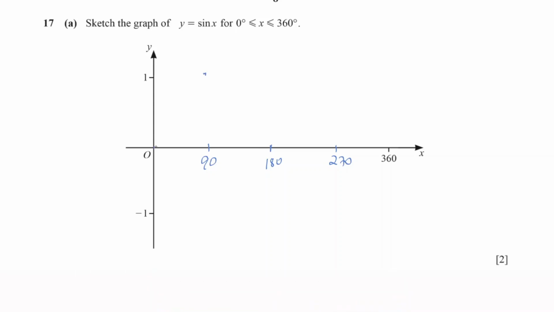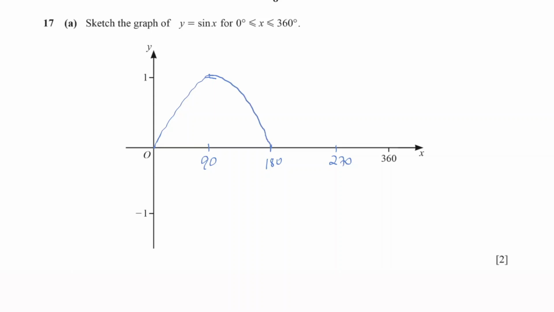The sine graph starts from 0, reaches the maximum at 90, and gets back down. Try to understand this: the curve should be very nicely drawn. The maximum point is at 90, so you have to make a nice curve like this, bending it like that.